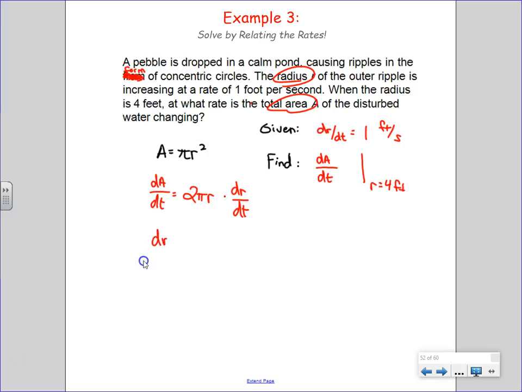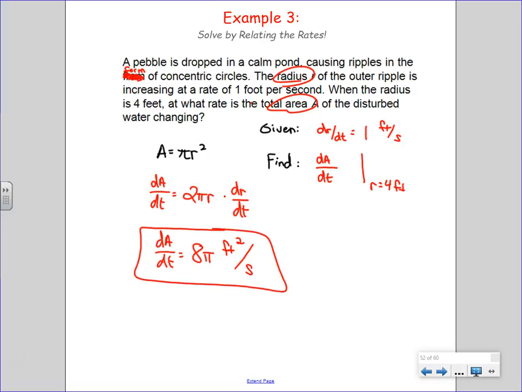So it's D-A-U-T. What are my units? Oh, wait, square feet. Oh, feet squared? Yeah. I forgot. Did I catch you? Because I put feet squared per second, right? And those of you that caught that, how do you know?